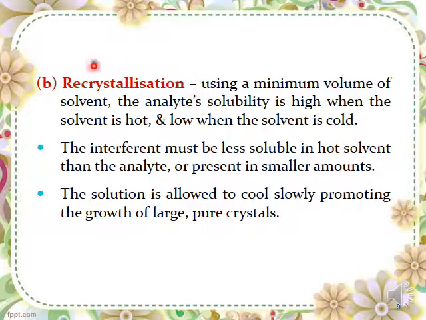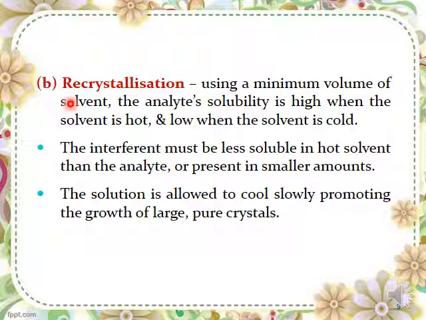So this is very useful if we want to obtain pure crystal or pure analyte of interest in the form of precipitate. Let's say the precipitate obtained has impurities also. So what we can do is recrystallization.